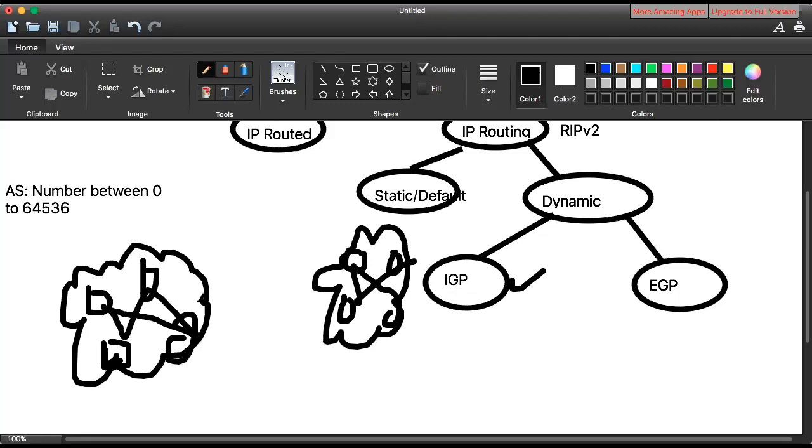But when it comes to advertisement between this AS, let's say this is AS 100 and this is AS 2, to exchange the prefixes between them we need EGP, and EGP is now the BGP protocol. So BGP is used for advertisement between two different AS numbers, while IGP is within an AS number.